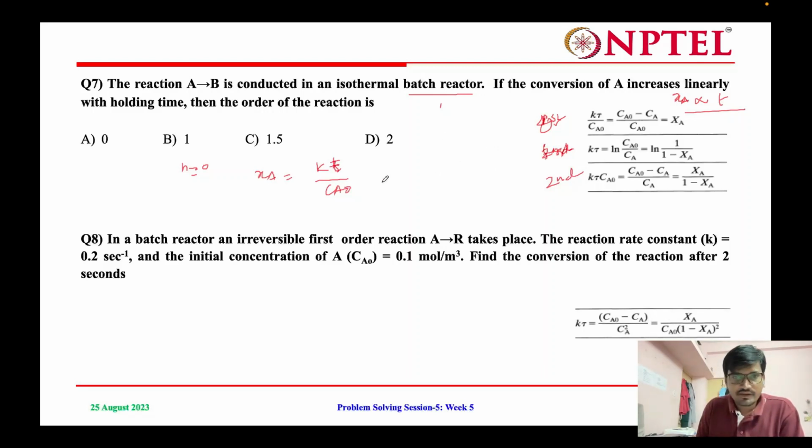So here conversion is directly proportional to the time, right? It's a zero order reaction. So check for the first order, K tau, 1 by X, so not linearly proportional. This also is not linearly proportional. So the option is right.